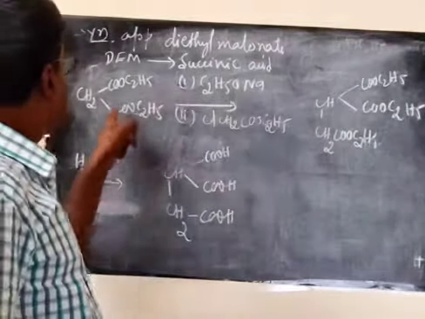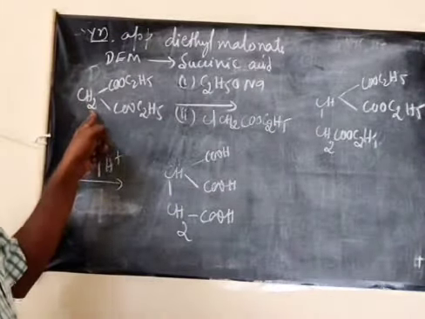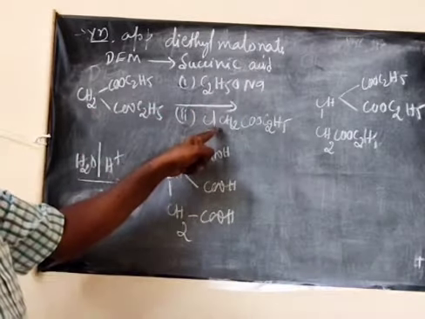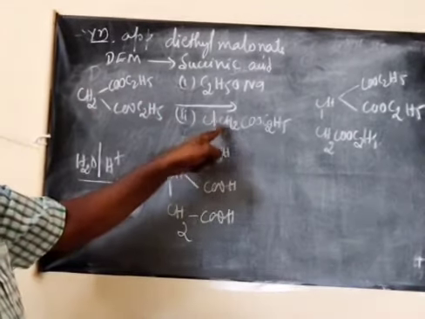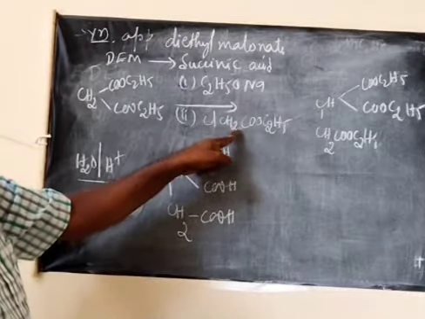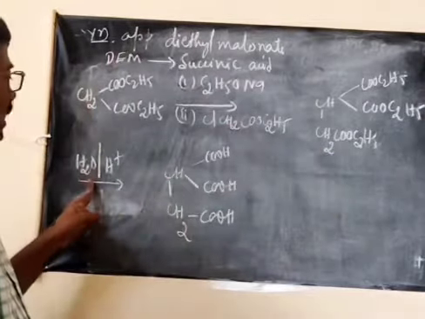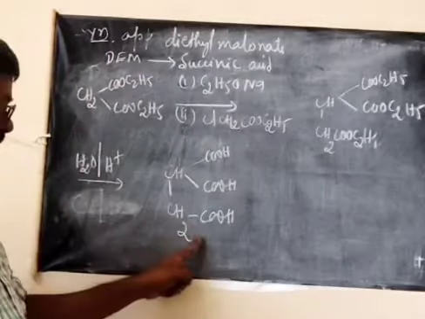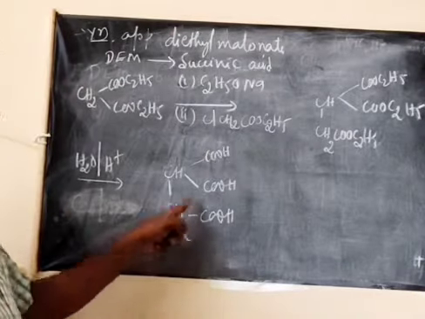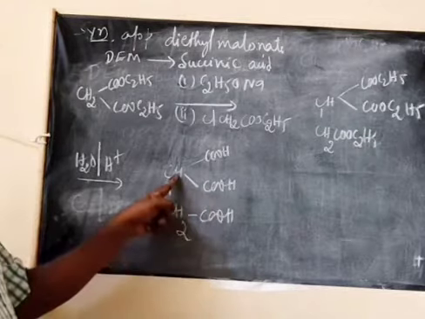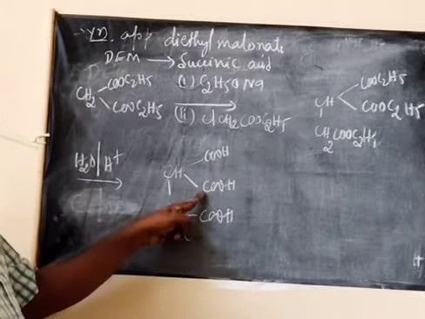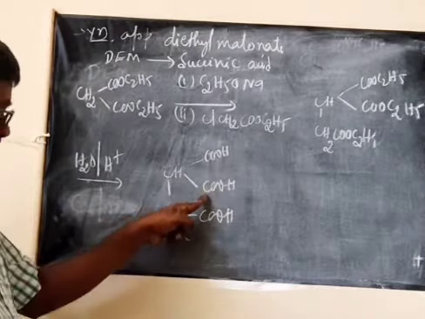First this proton is replaced by sodium. Then that sodium ion is replaced by CH2COOC2H5. Then the intermediate on acid hydrolysis forms this compound. Here, for the same carbon atom, two COOH groups are linked.